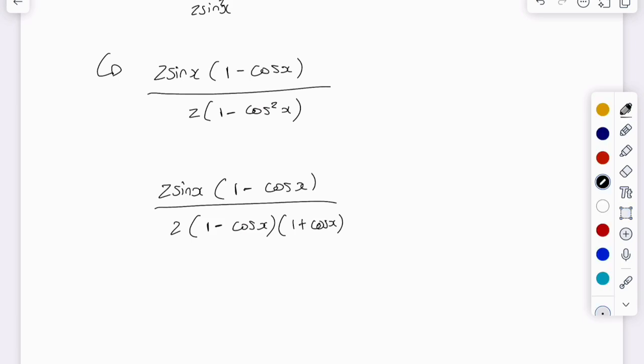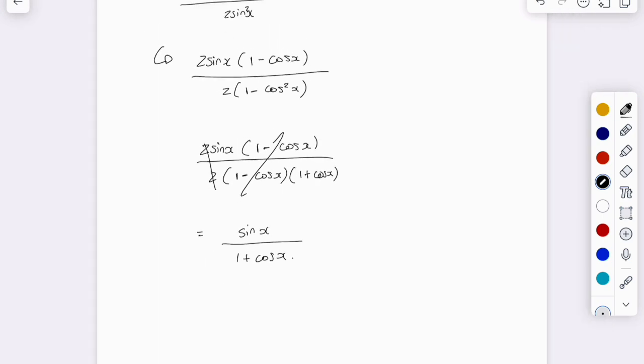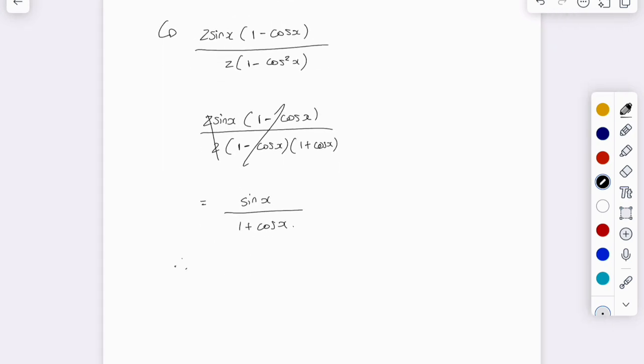And then these can cancel, and these can obviously cancel. So therefore, what do we get? Well, we get sine x over 1 plus cos x. Okay, so therefore we can say left hand side is equal to right hand side as required.